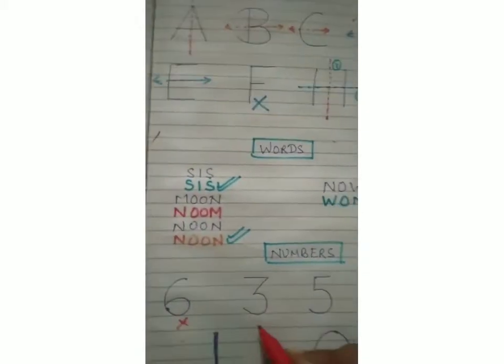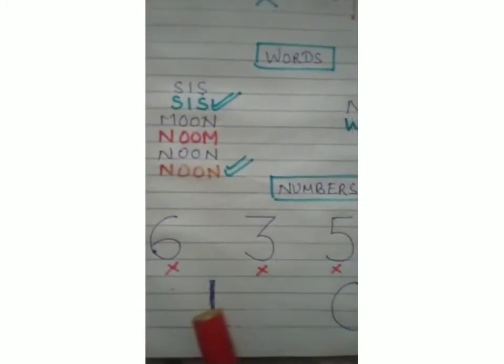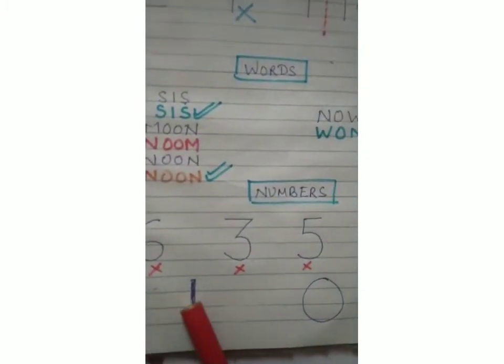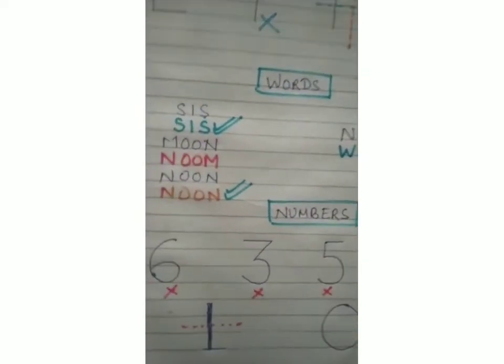As well in 5. So in 6, 3 and 5, in all 3 cases I cannot draw any symmetrical line. As in 7, no symmetrical line can be drawn. In 1, yes, I can draw the symmetrical line like this. Correct, children?